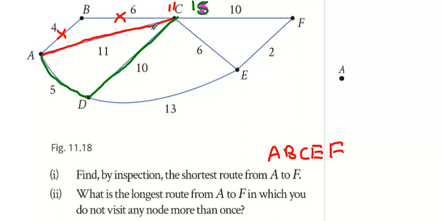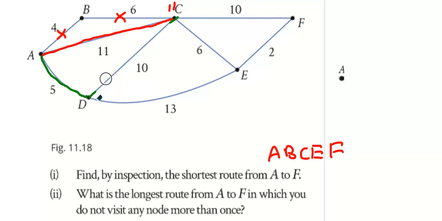Oh, A, C, D. Now, the problem with this route is, what I'm thinking is, I have a short route after that, which is the 10 or the 6.